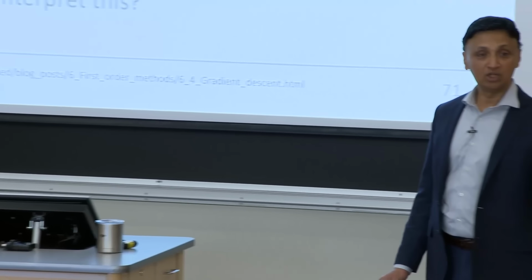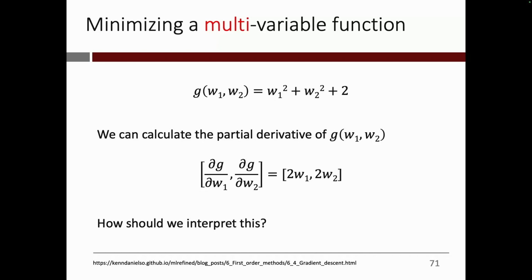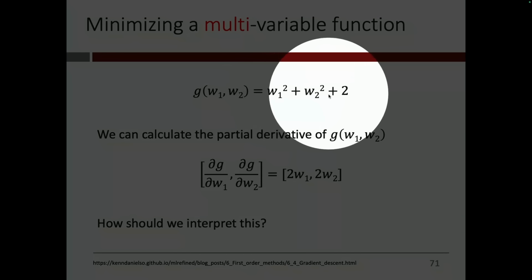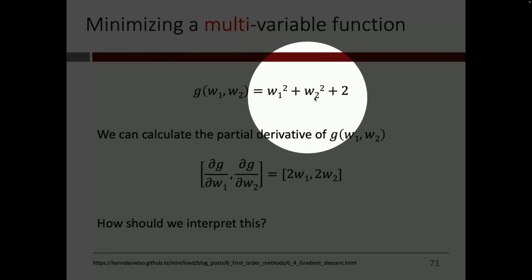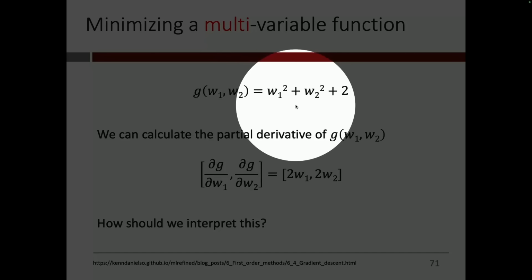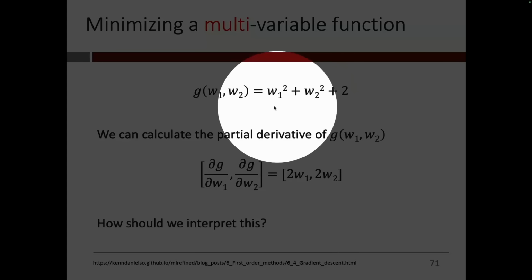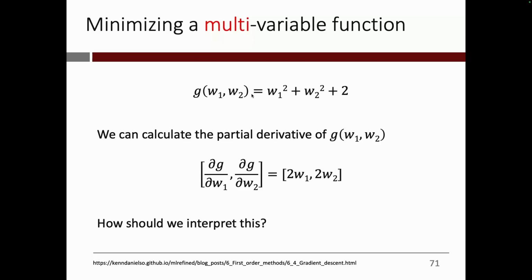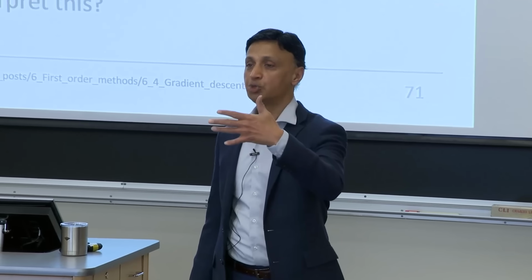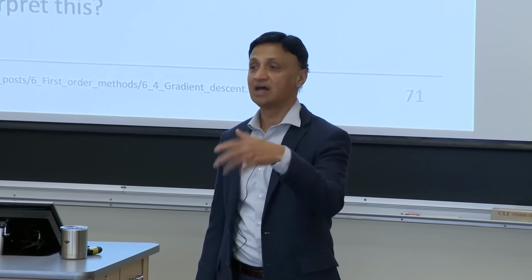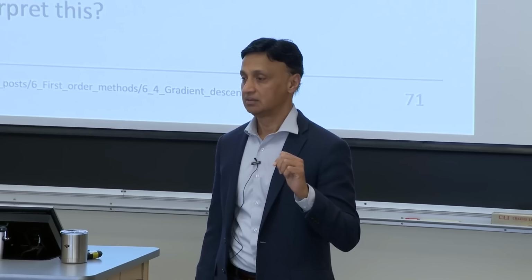So we need to use this notion of a partial derivative. Let's take baby steps and say, what if you have a 2-variable function? Something like this, very simple. We can calculate the partial derivative of g with respect to each of these W's. The partial derivative, just to refresh your memories, is: you take a function, you pretend that everything other than W1 is a constant.